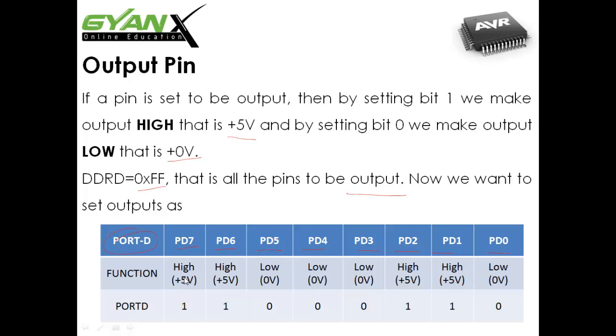It means in port D my values are 11000110. For setting up the output pin I have to give the data direction this one and my port value should be this. So in this way I can set the value or the behavior as high or low.